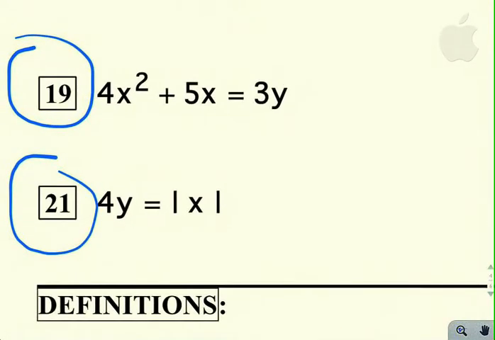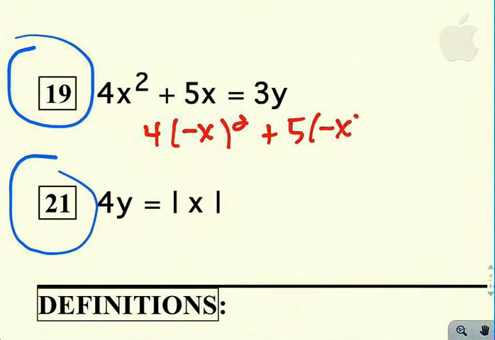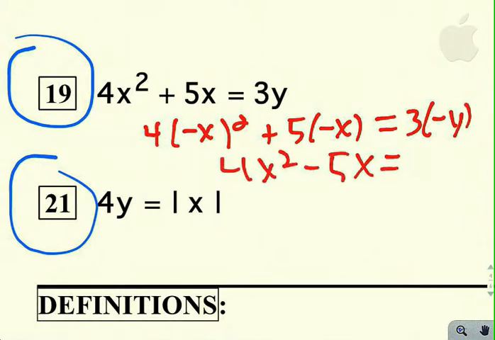For 19, negate the x and negate the y. This would be 4x squared minus 5x equals minus 3y. These two are not equivalent.